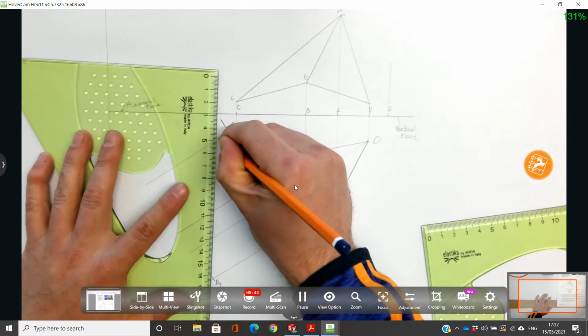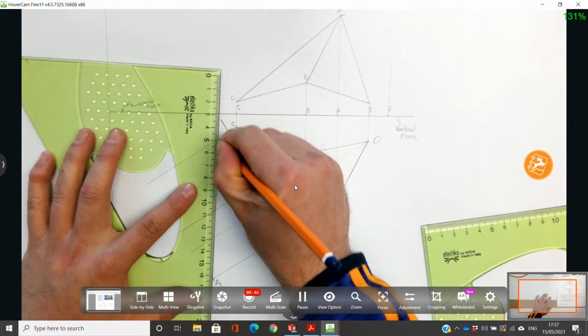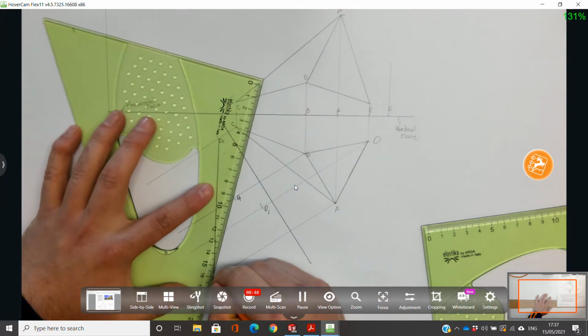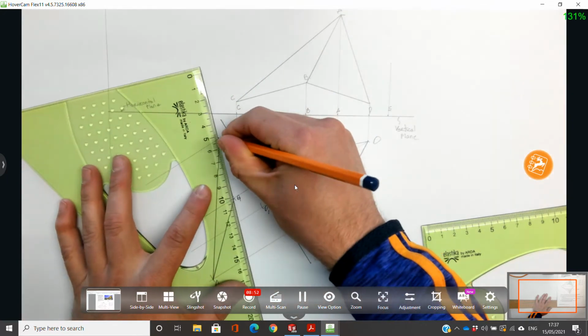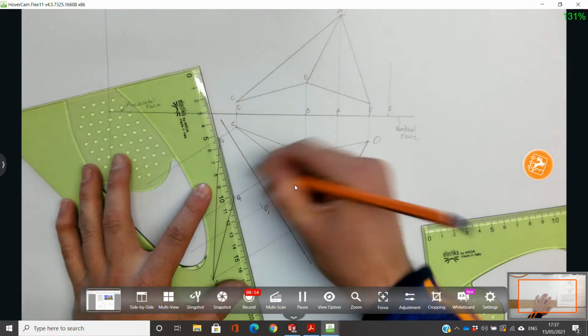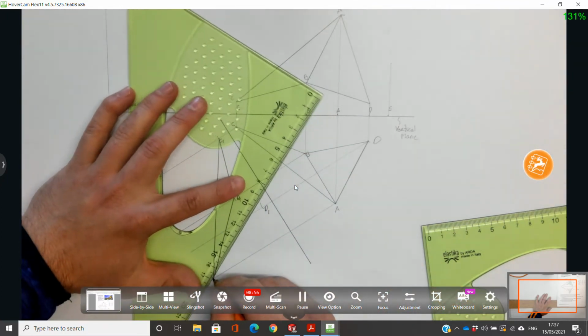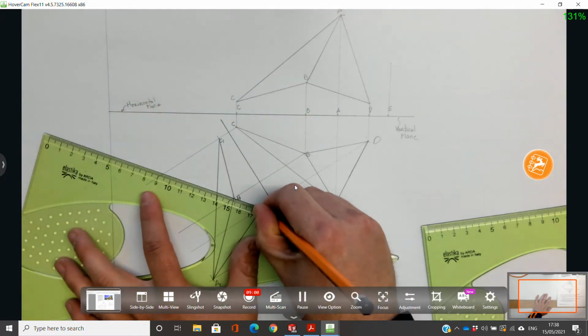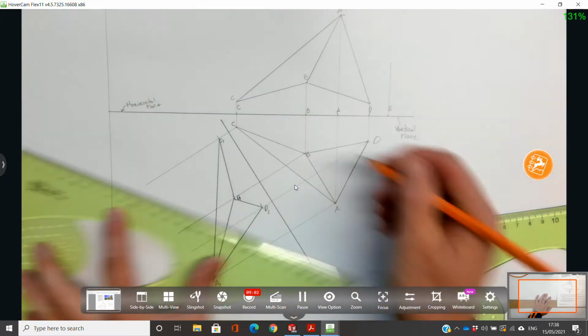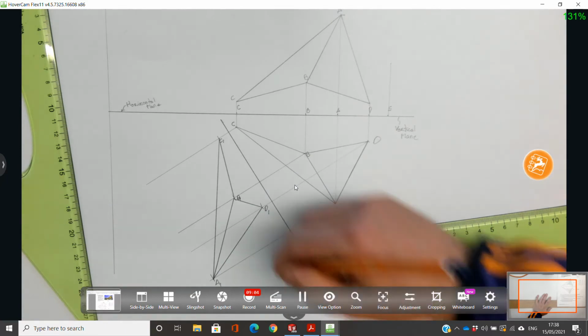Now ABC. So here's the true length of the line of intersection.